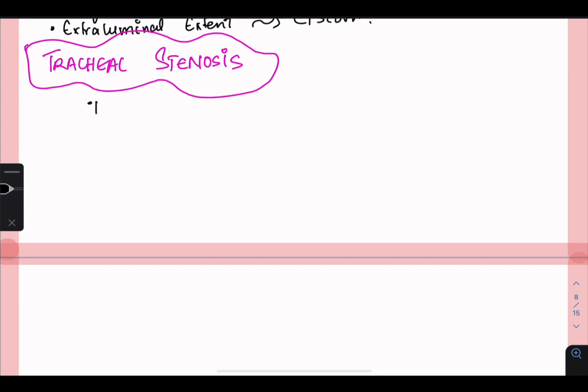Tracheal stenosis results from previous injury or incomplete laceration of the trachea, as well as iatrogenic causes such as previous tracheostomy or prolonged tracheal intubation.